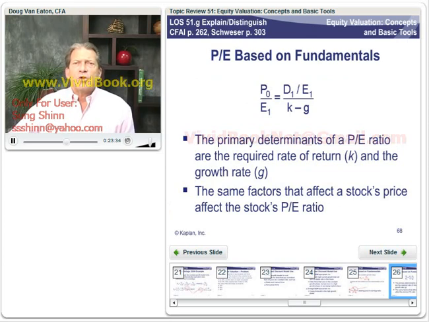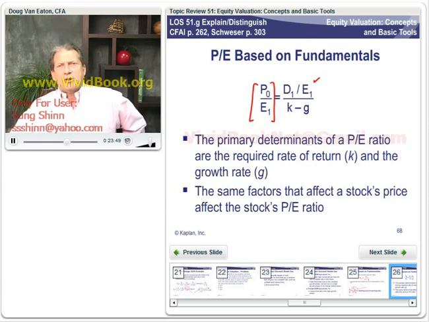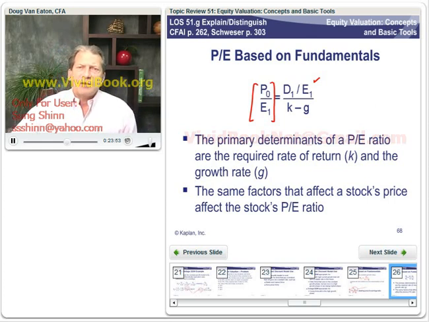So what are the primary determinants of a PE ratio? Well, as we look at it here, with other things constant, a higher payout ratio leads to a higher PE and presumably a higher stock price. A higher required rate of return on capital, a higher K, is going to decrease this.